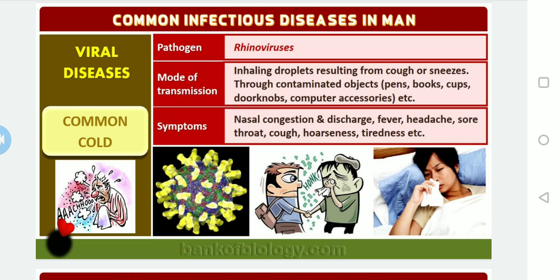That's why we suggest that whenever we get a cough or sneeze, we should use a handkerchief or tissue paper. So the mode of transmission is direct inhalation of droplets or aerosols from the cough and sneeze of an infected person. There are also many cases through contaminated objects like pens, books, cups, computer keyboards.